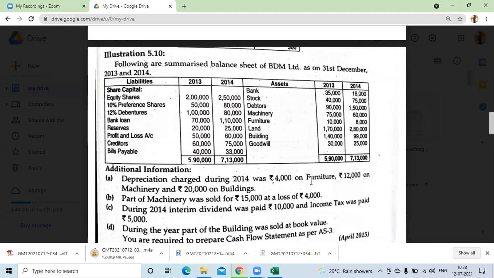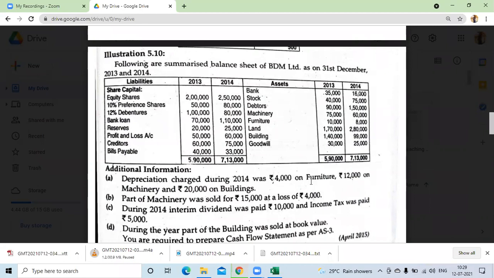Therefore, we don't have opening and closing balance, and therefore no ledger is required. During the year part of building, so it is related to building only. So already we have made a ledger of building. So how many ledgers in all? Three. Come on, quickly come to next page.